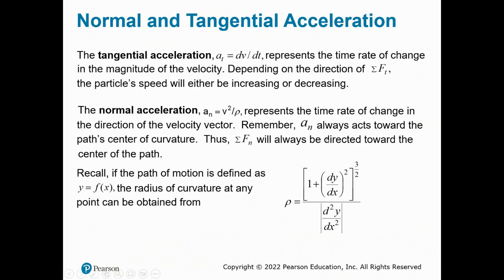Remember, an always acts toward the path's center of curvature, so Fn will always be directed toward the center of the path. If the path of motion is defined as y equals f of x, y as a function of x, the radius of curvature at any point can be obtained from this equation right here. We saw this equation before in our previous videos.